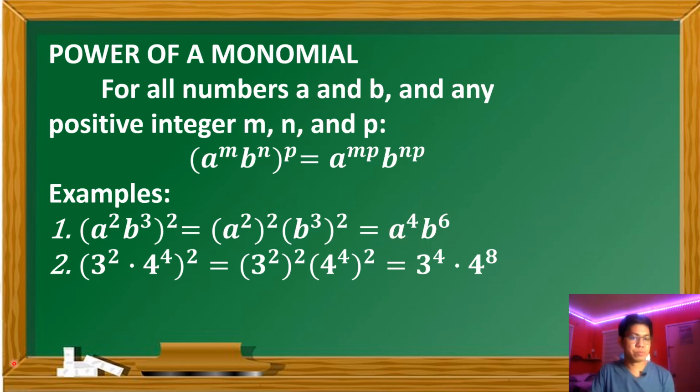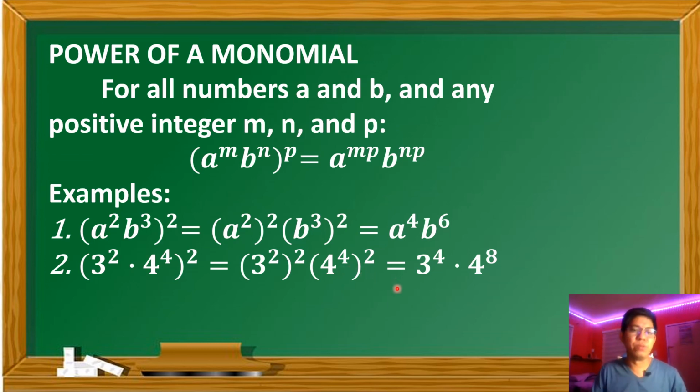Next one, number 2. The square of the quantity 3 squared times 4 raised to the fourth power. It is equivalent to the square of 3 squared times the square of 4 raised to the fourth.